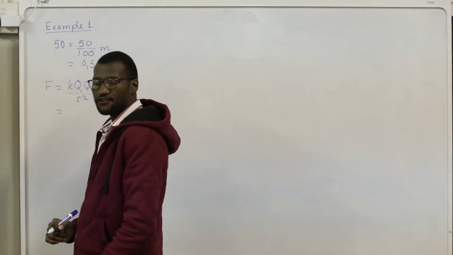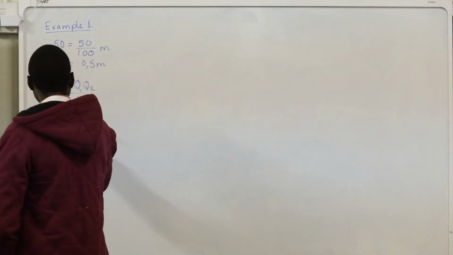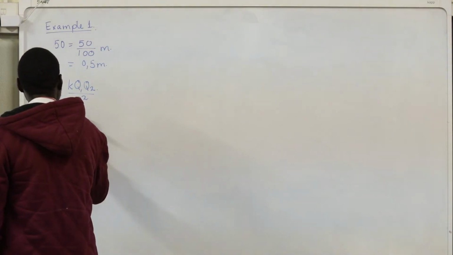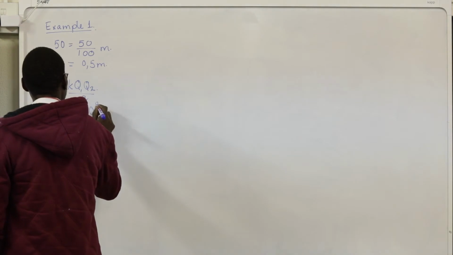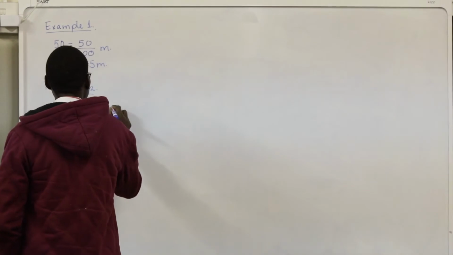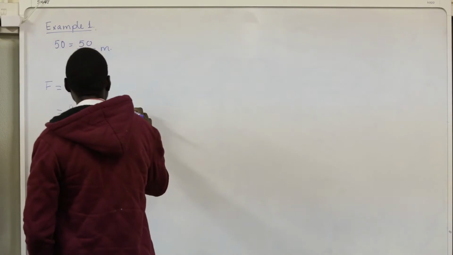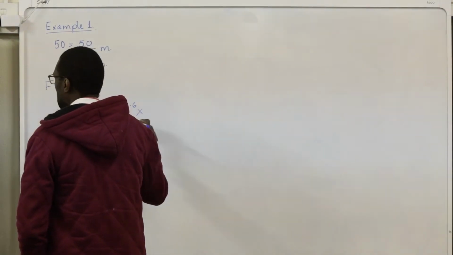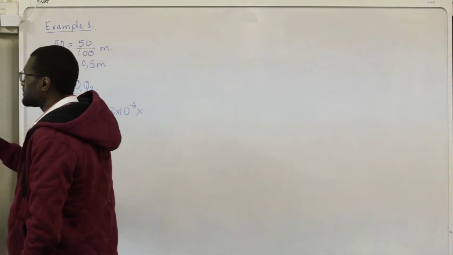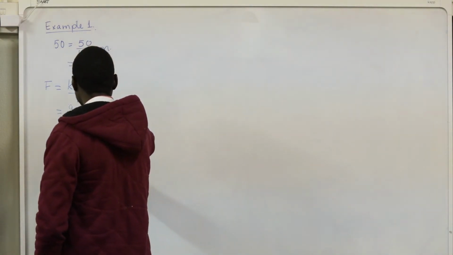What did we say the value of K is? The Coulomb's constant. The Coulomb's constant is 9 times 10 to the power of 9 multiplied by, in this case, Q1, 3 times 10 to the power of negative 6 multiplied by, we don't put minus 4 because remember, we calculate the magnitude using the magnitude of the charges, all right?